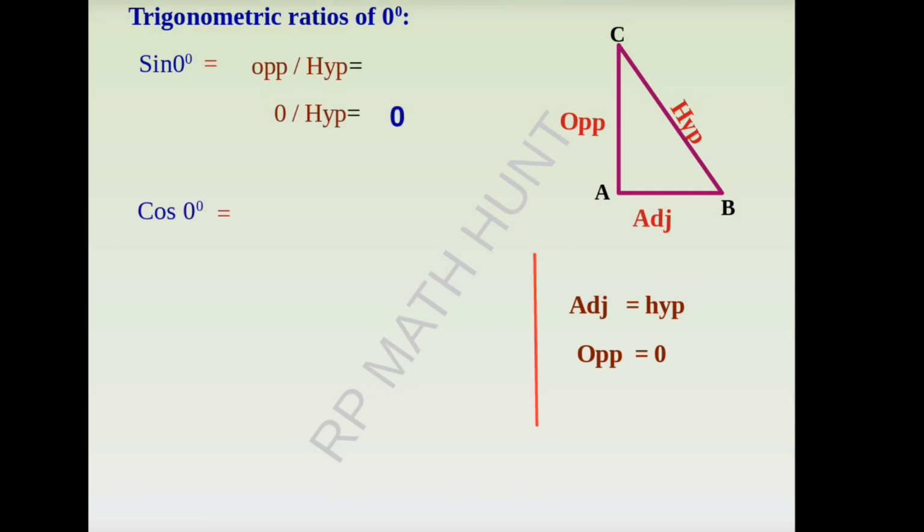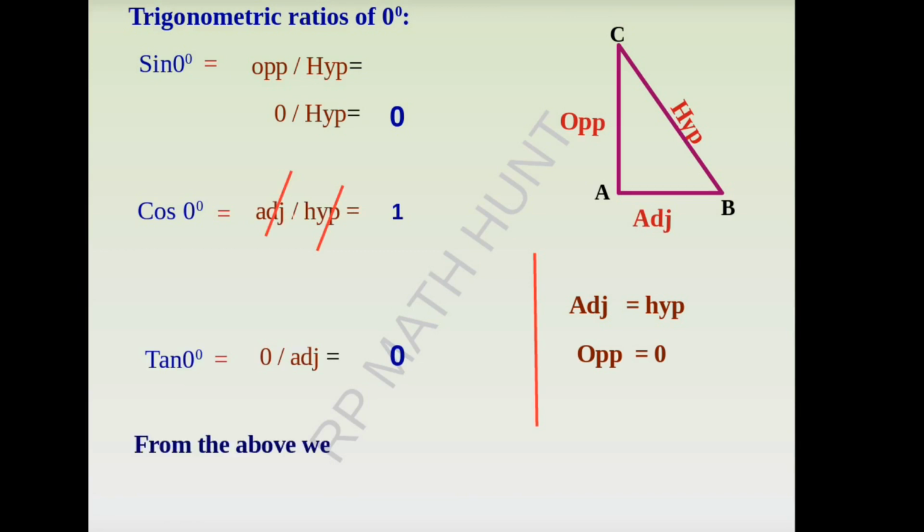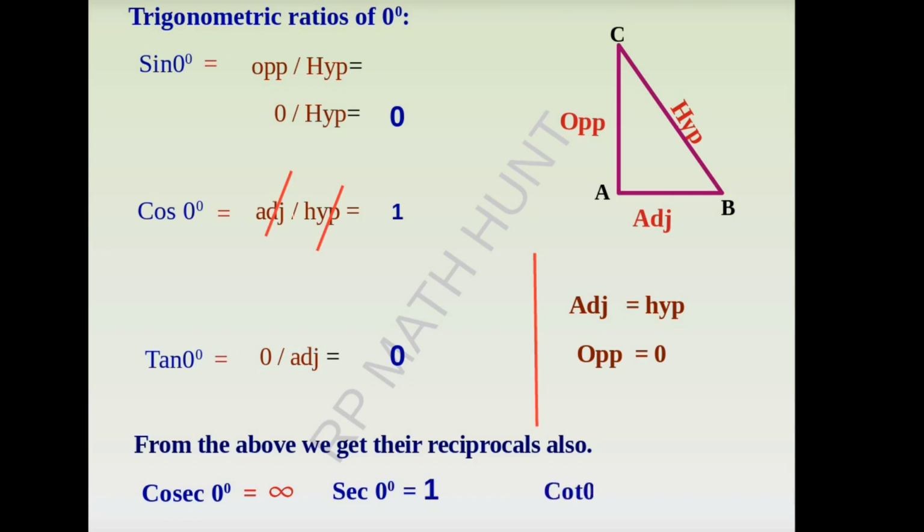Both are equal, therefore they get cancelled and only 1 is the answer. Tan 0, opposite by adjacent, 0 by adjacent is 0. Now from the above we get the reciprocals also. Cosec 0 is infinity, sec 0 is equal to 1, and cot 0 is equal to infinity.